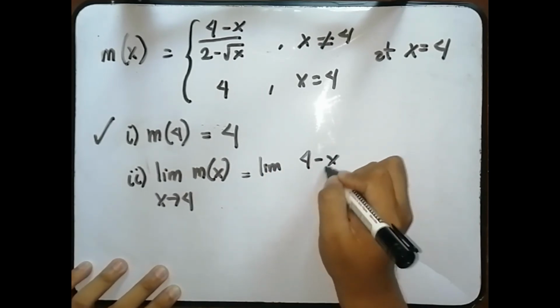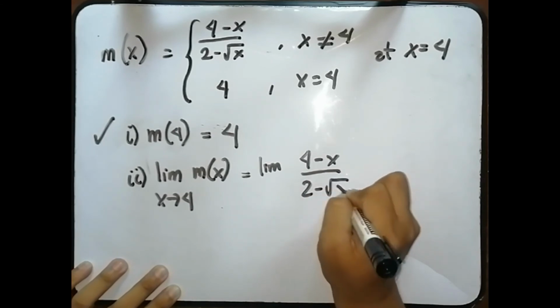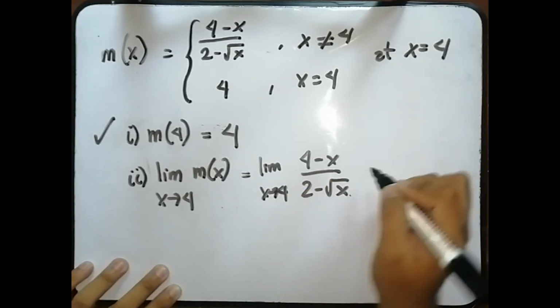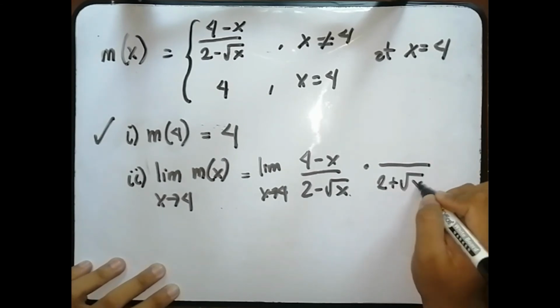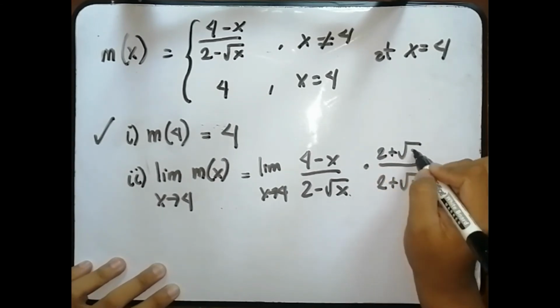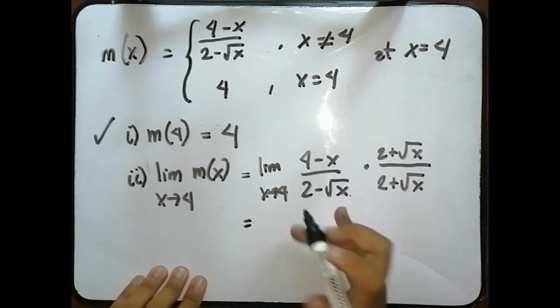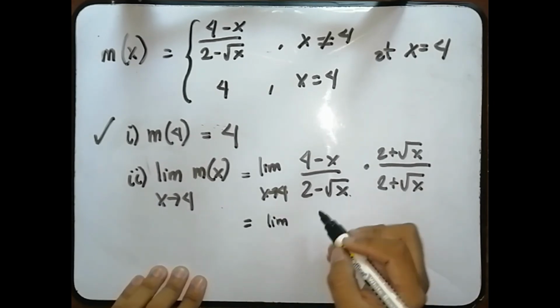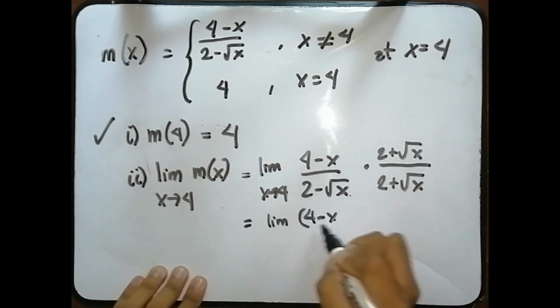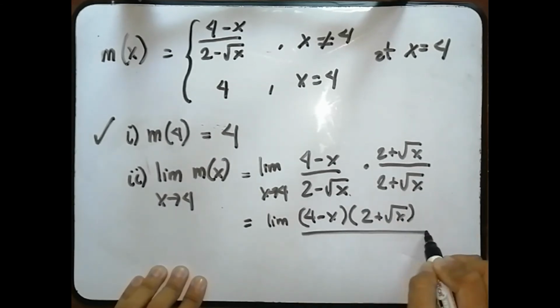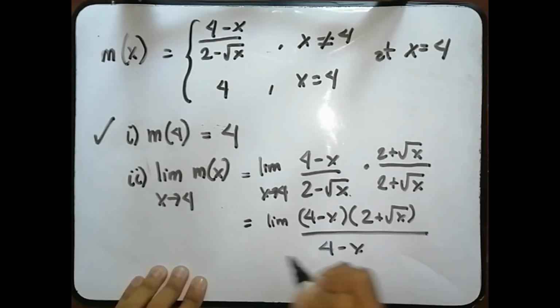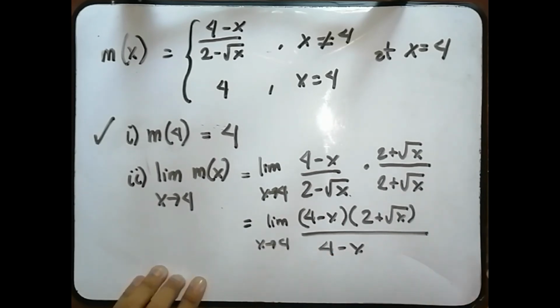So, we have 4 minus x over 2 minus the square root of x as x approaches 4. Mag-multiply tayo ngayon ng 2 plus square root of x, which gives us the limit of 4 minus x times 2 plus square root of x over 4 minus x as x approaches 4.